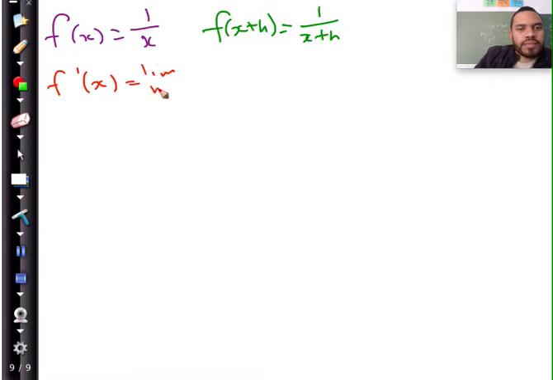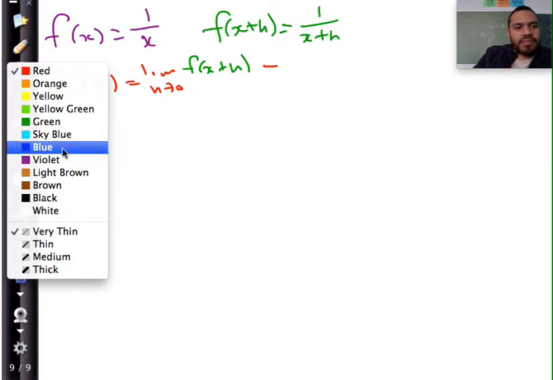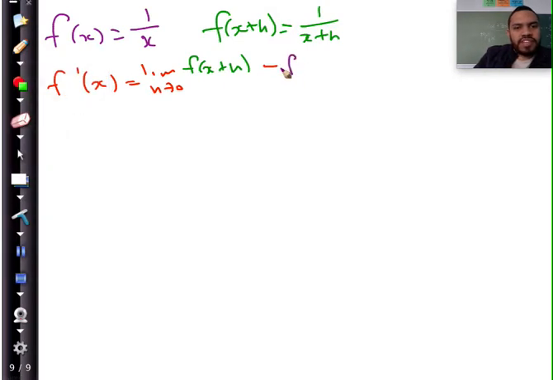Limit as h tends to 0 of f of x plus h, which I'm going to put in green, minus, and then in purple, f of x. And as you can see, this is all over h, right?